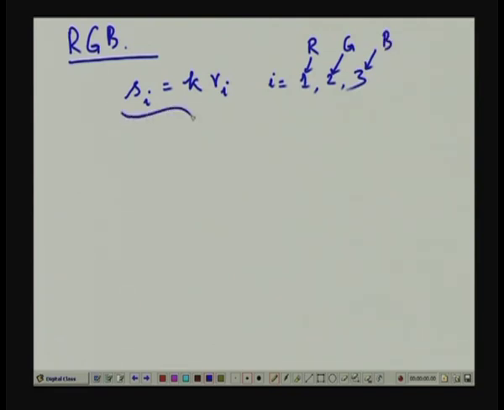So, this indicates that all the different color planes, the red plane, green plane and blue plane, are to be scaled by the same scale factor k.